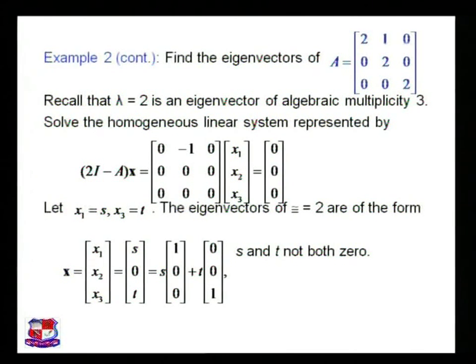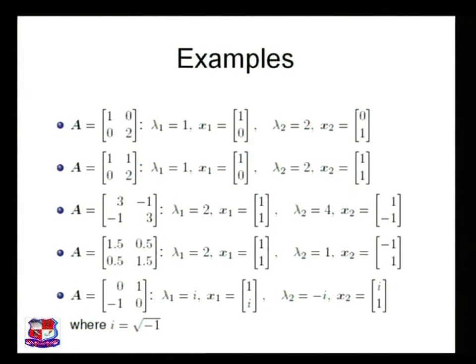Here s and t are not both 0, right? So these are the eigenvectors for the given eigenvalue. In this way we can find the eigenvectors and eigenvalues.